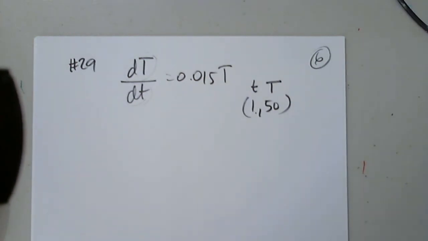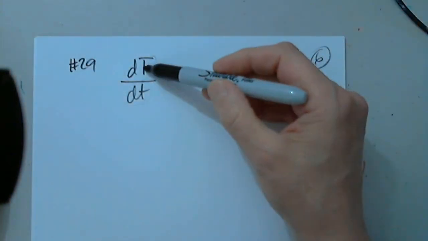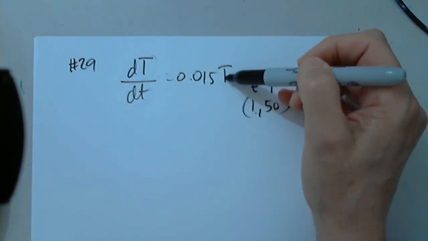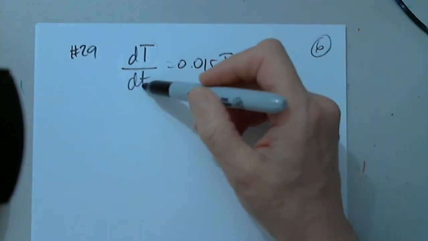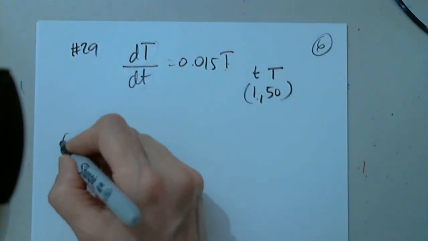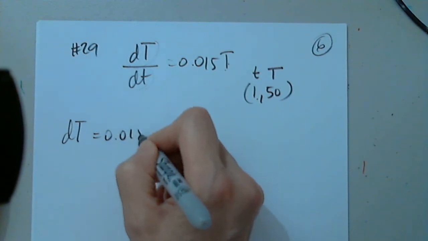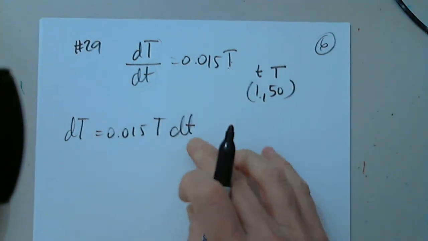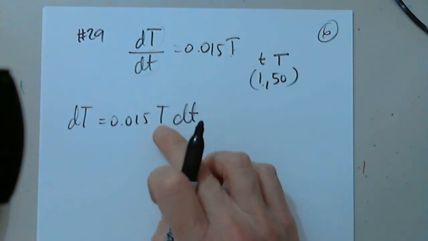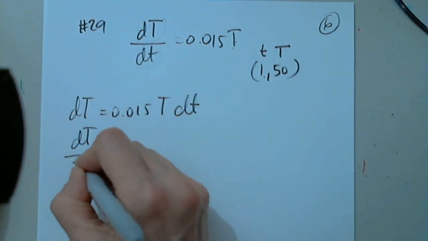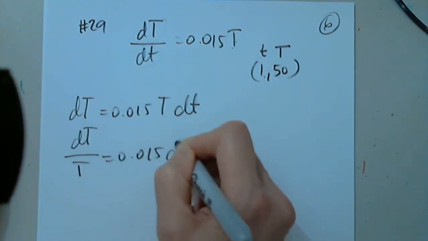Okay, so again, the question here is asking us to find the uppercase T, which is the function. I see T here and t here. That is not allowed. So at first I will multiply both sides by dt. So I have dT equals 0.015 T dt. And then I have to divide both sides by T. So dT over T equals 0.015 dt.